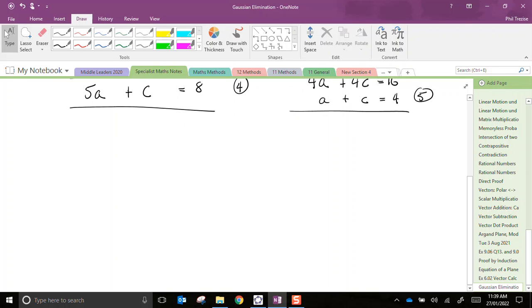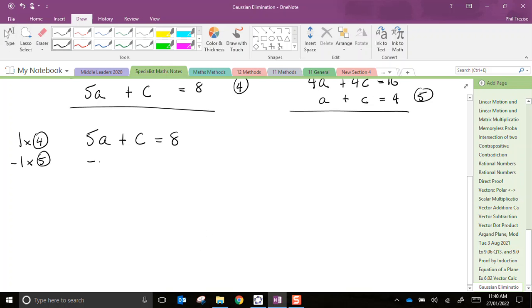I'll look carefully at what I've got to work with. I have 5a plus a positive c, and then I have a single a and a positive c. Well, I think I could go 1 times equation 4, literally just the original 5a plus c equals 8. And now I could go negative 1 times equation 5.